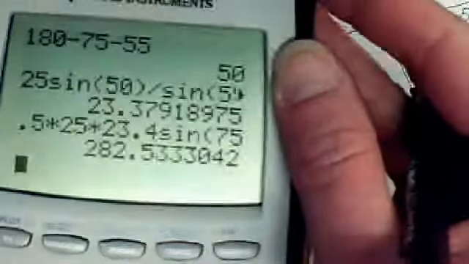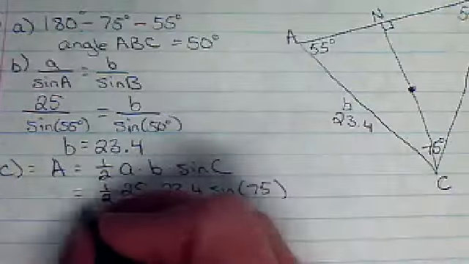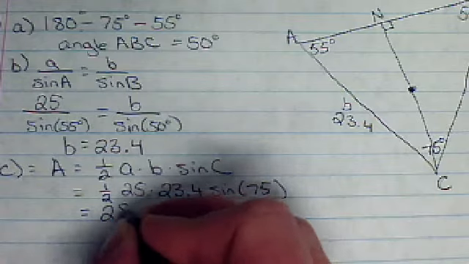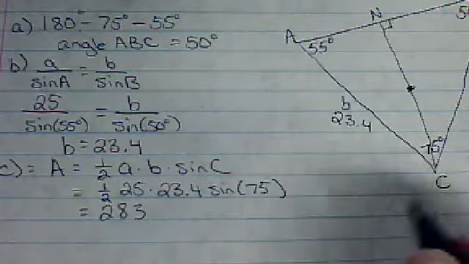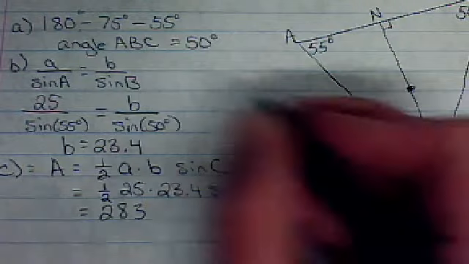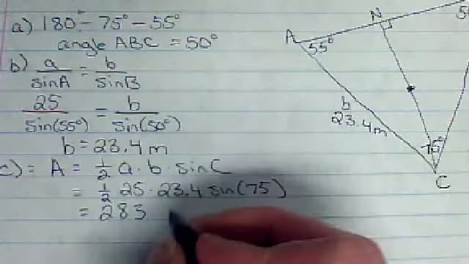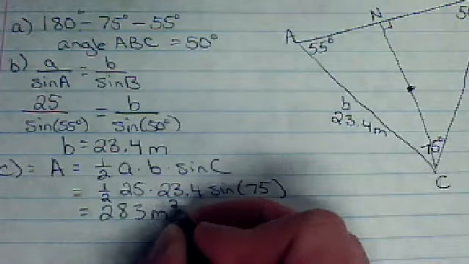And I got 2825.333. Remember, 3 significant figures, so I'd get a 283. Oh, and I forgot my units. I was fixing to get marked off for that. Our units were meters. So this should have been meters, and this should have been meters squared.